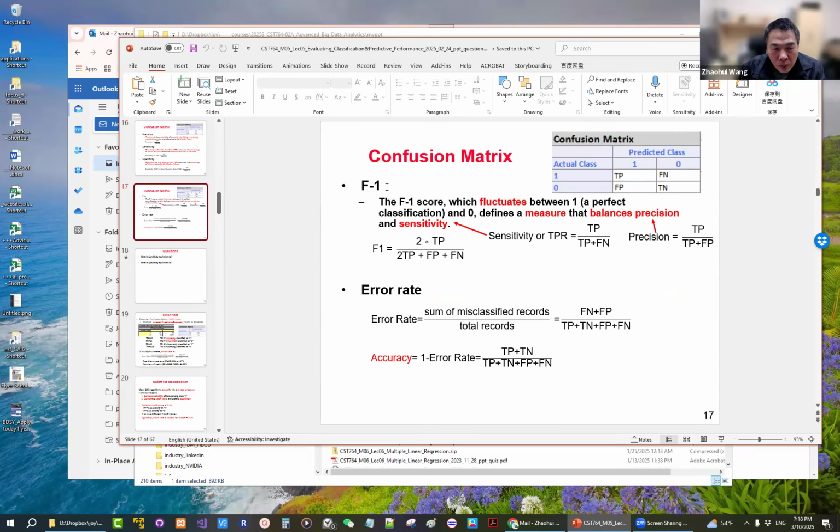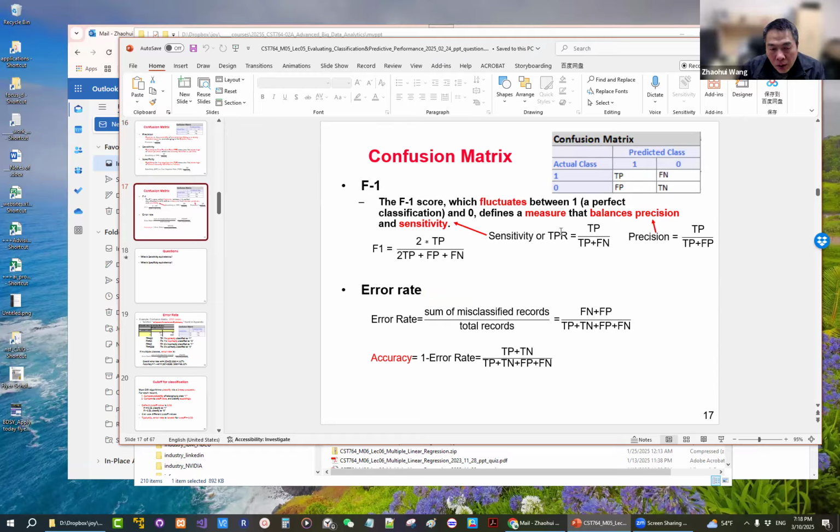The F1 will be the average of the precision, the first column, and the sensitivity, the first row.